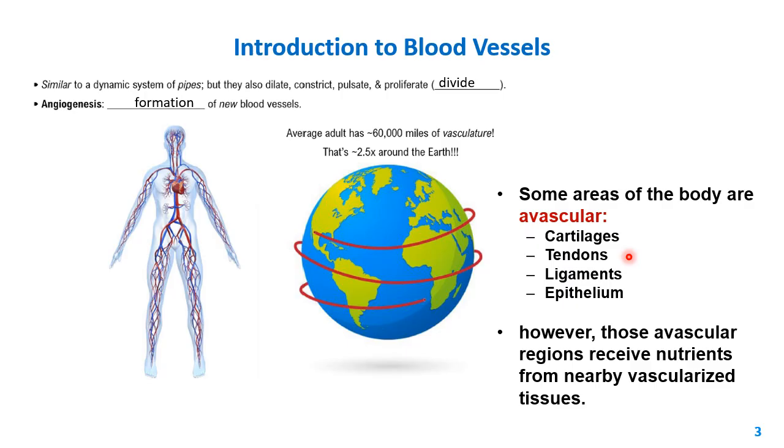Besides epithelium, tendons and ligaments also do not have blood vessels, and neither does cartilage. Everything else, all the other tissues in your body, do have blood vessels. If you get your blood vessels and stretch them out in series, you have a lot of miles of blood vessels.